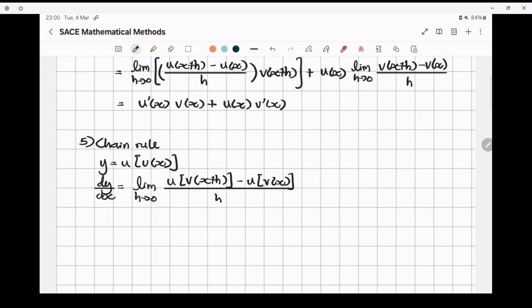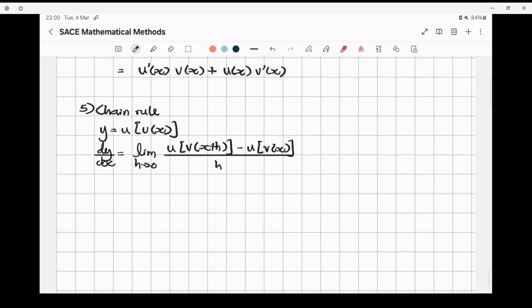So over here, what we are going to do is to let, for example, v(x) equal to... okay, here it doesn't really quite work, because you will need to assume certain things.